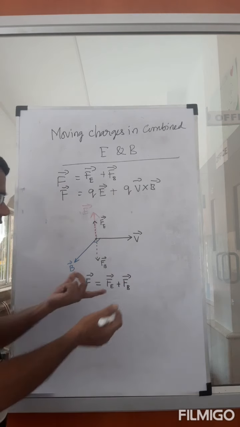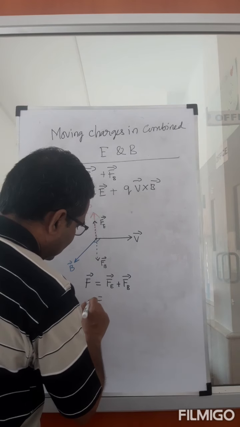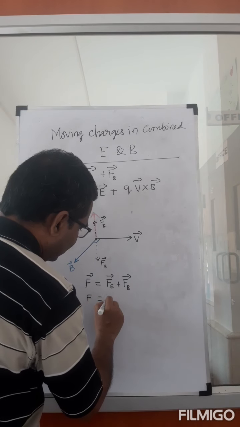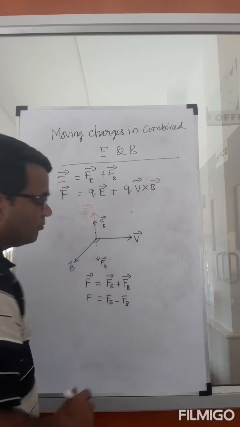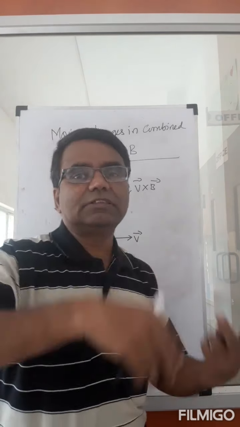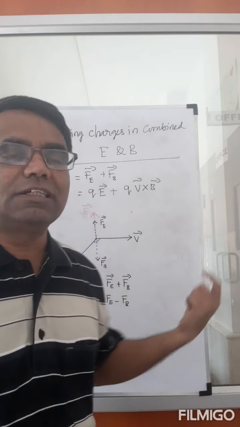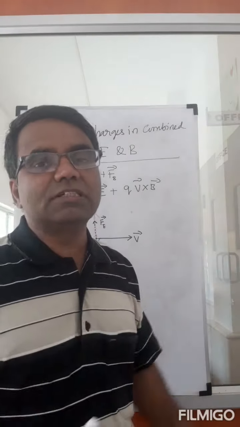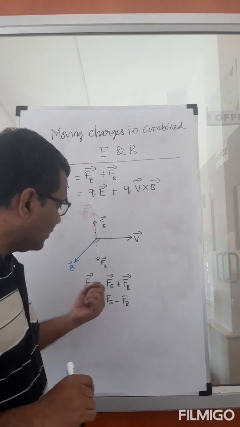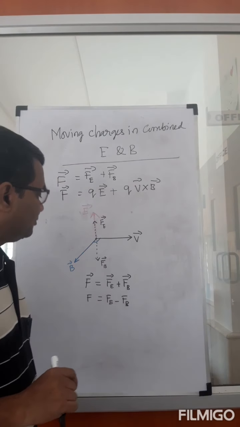So anyway, if you take the magnitude, then this would be Fe minus Fb, or Fb minus Fe, and then you can choose the direction which way. So you can get the magnitude here, and after that you can get the direction depending on which one is greater.